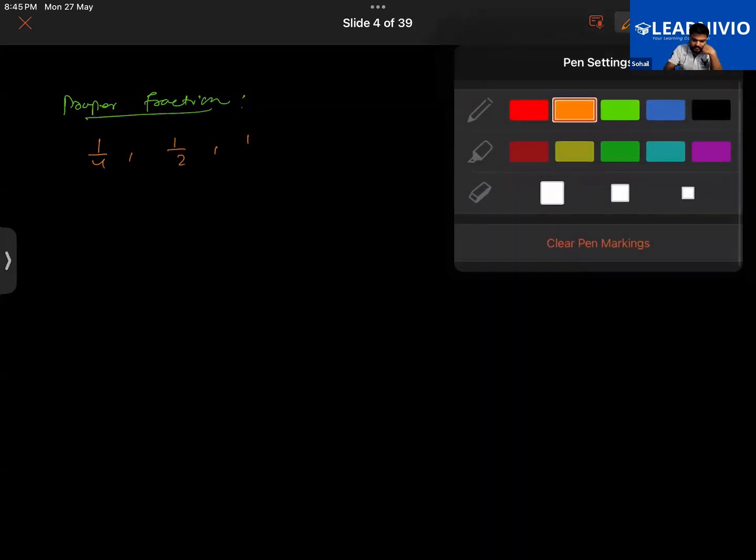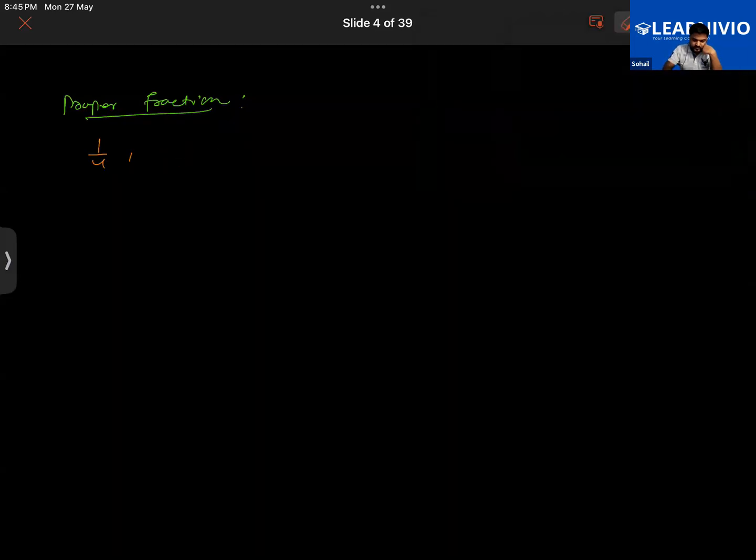What are proper fractions? Say for example, you have numbers like 1 upon 4, 1 upon 2, 3 upon 8, 7 upon 9, 11 upon 13.